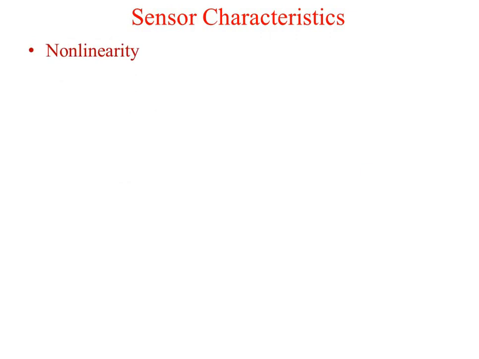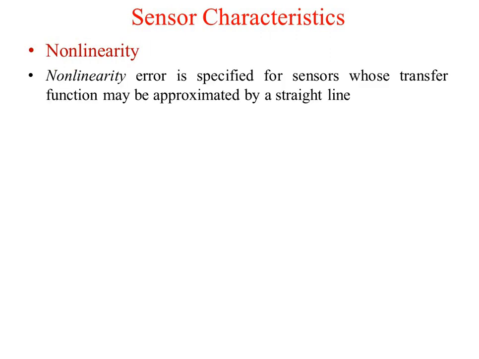So the next characteristic is non-linearity. With non-linearity, we are talking about the linear specification. That means if the input increases, the output also increases in the same proportion. We call it linearity. But as we have seen in the previous diagram, the straight line is not followed. Instead, it follows a non-linearity.